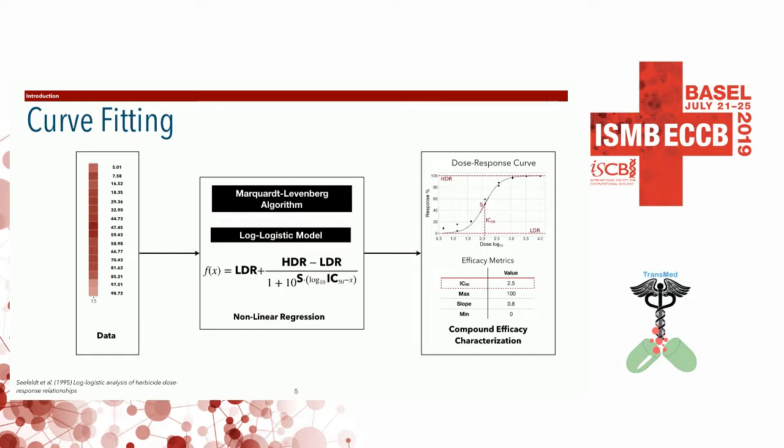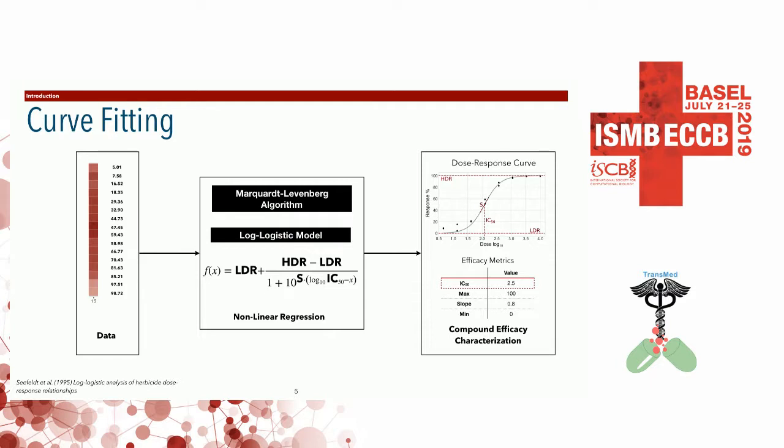For a given mathematical model that we deem best represents the response of our cells, this algorithm infers the free parameters of that model such that the differences between the data points and the estimated responses are minimized. In the case of dose-response experiments, we usually use the log-logistic model, which has 4 free parameters.